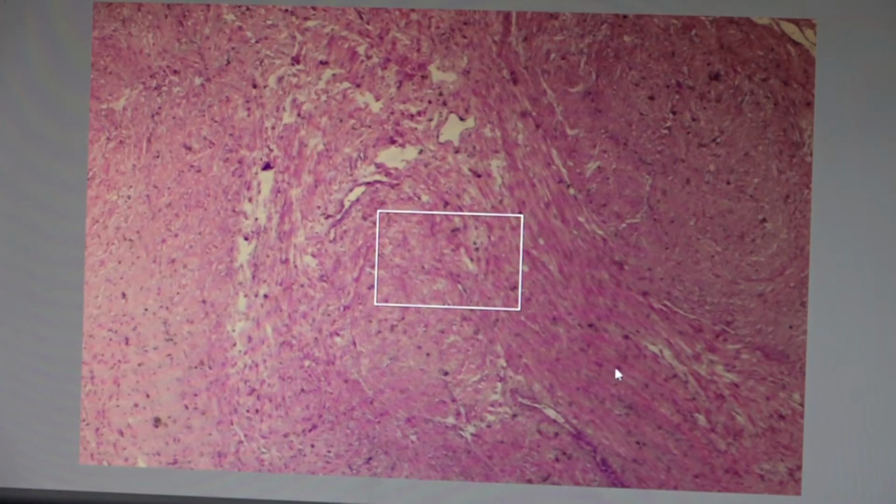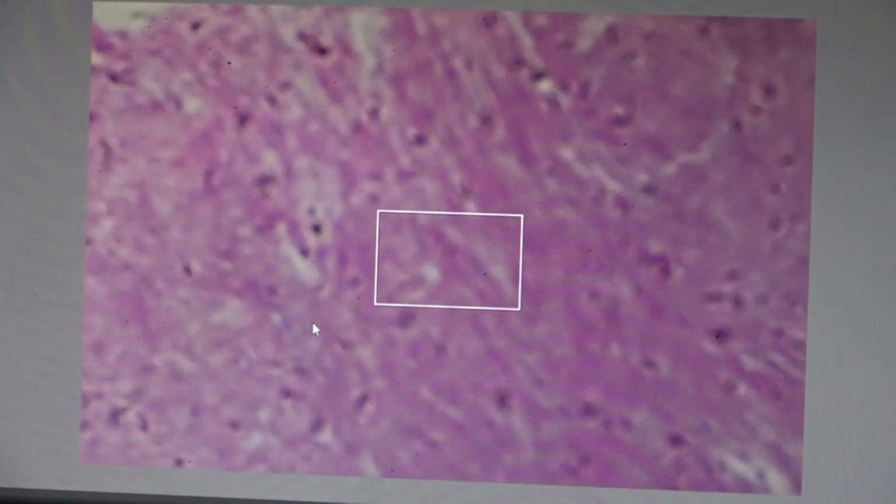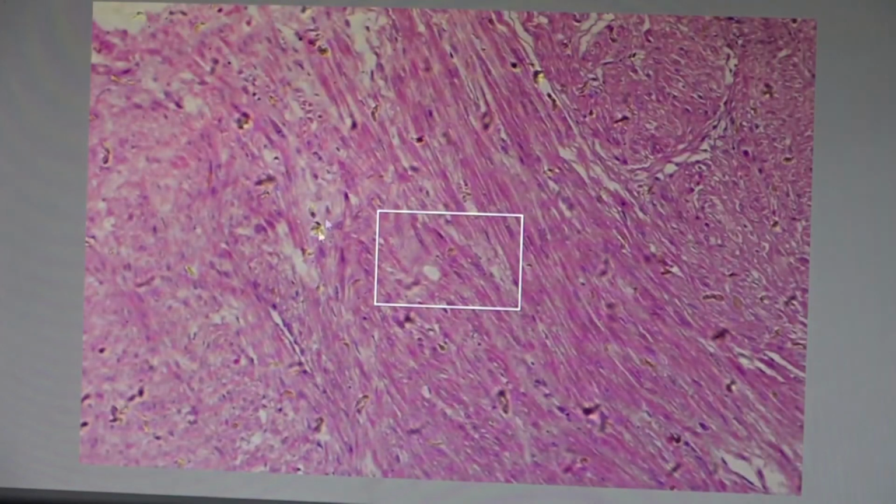These are benign smooth muscle cells. These are also benign-looking smooth muscle cells. There is no atypia, there is no frequent mitosis. Higher power is more demonstrating. These are benign-looking smooth muscle cells.